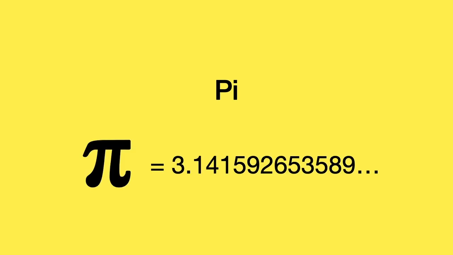Okay, so going back to pi then. What is it? The first thing to know is that it's a constant. So it's always going to be the same value, which is equal to approximately 3.1415926535589, and that will go on forever. And all of those digits will be random.